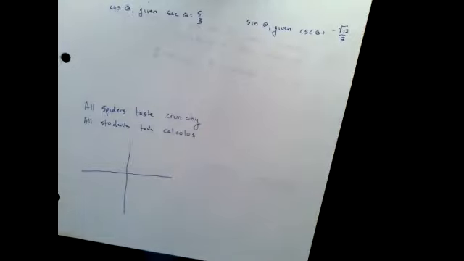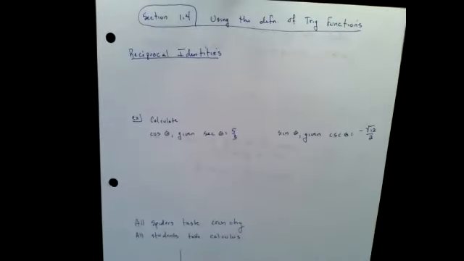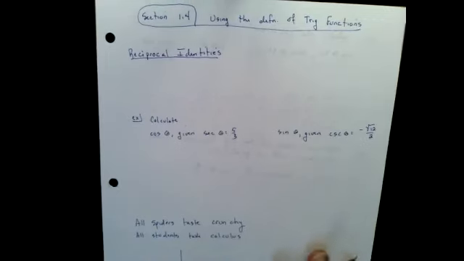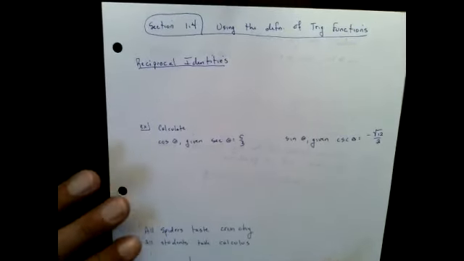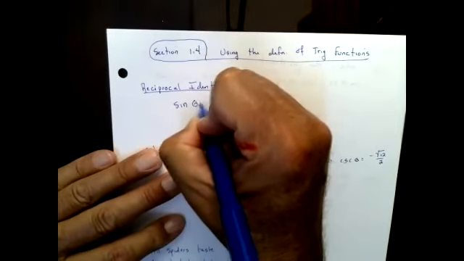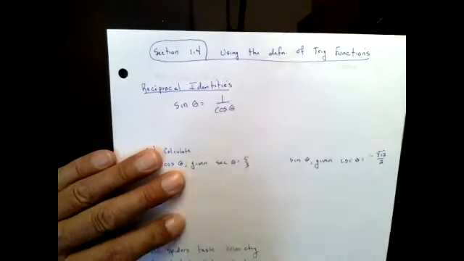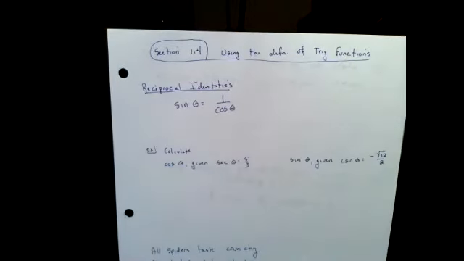1.3. Check this out. All of my babbling, we already know what the reciprocal identities are. 1.4, the reciprocal identities. The sine of theta is the same as 1 over the cosine of theta.